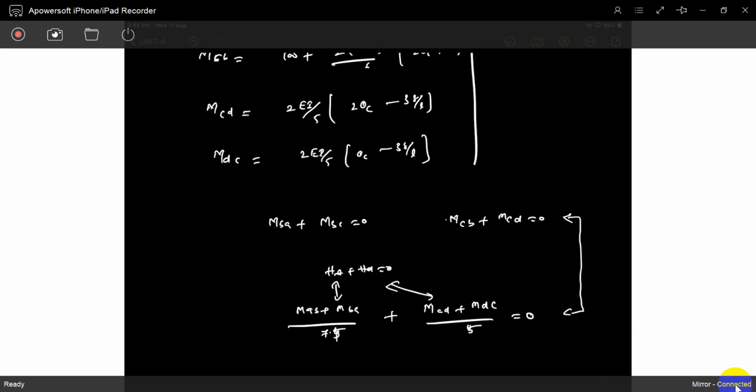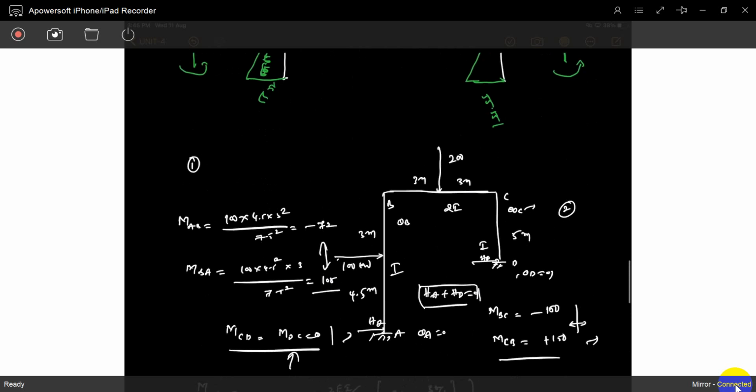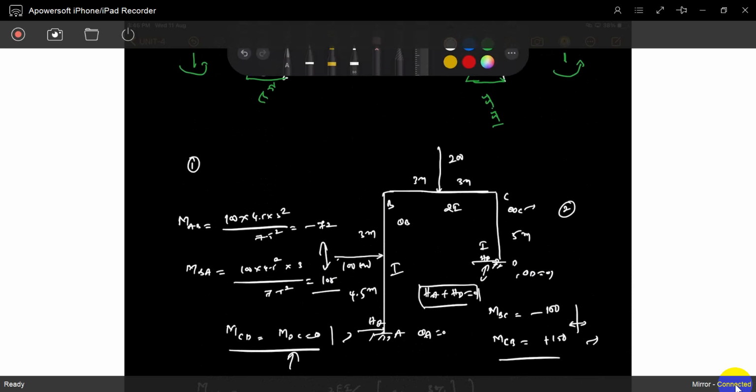Is it right? So wrong. What is wrong? HA plus HD plus 100 equal to 0, because the horizontal force 100 is there. Can't you see? We take HA in this direction, HA and HD the same direction, plus 100 should be equal to 0.